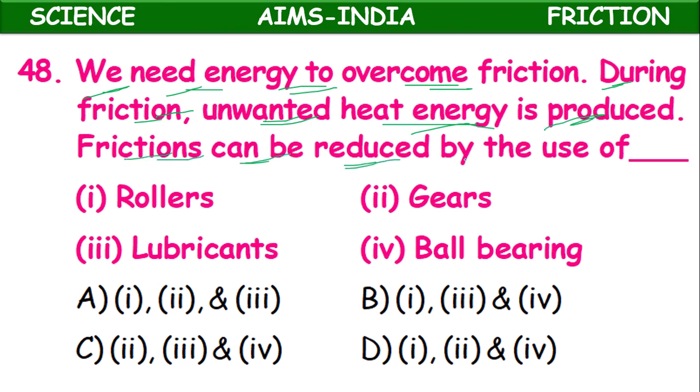Friction can be reduced by the use of rollers, gears. Wrong. Gears, with the help of a small wheel, we run a big wheel. For that purpose, we make use of gears, not for reducing friction. Lubricants, yes. Ball bearings, yes. So answer 1, 3, 4. Option B.